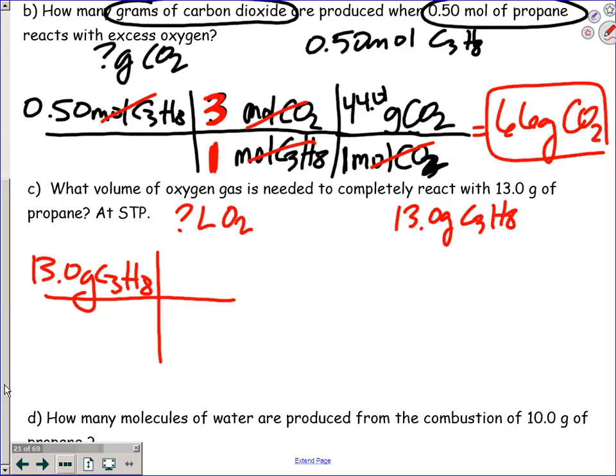Wait, you have to use the mole. Is that the last multiplication? No, you still have to go to liters. So I've got to go down here.